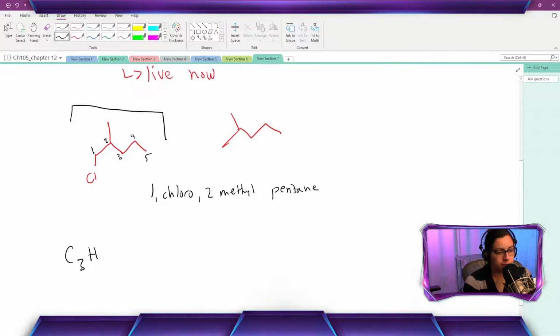So C3H6, what do you notice? What does that formula tell you based off of our alkane chapter?